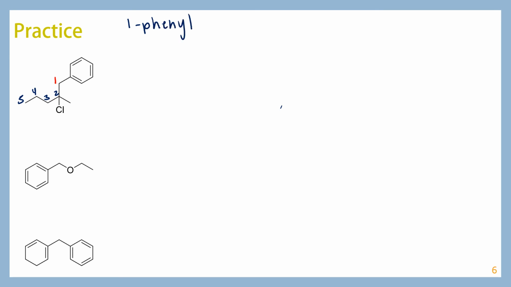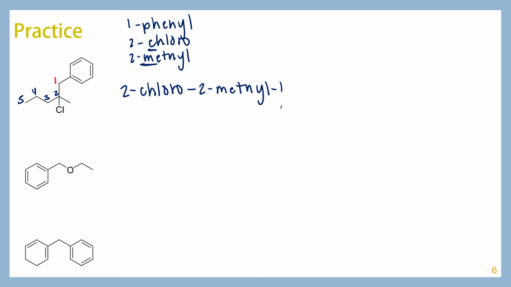I have 1 phenyl, I have 2 chloro, and 2 methyl. So 2 chloro is going to be my first thing. And then we're going to follow it with 2 methyl because M comes before P. And then follow it by 1 phenyl. And then our longest chain is pentane.